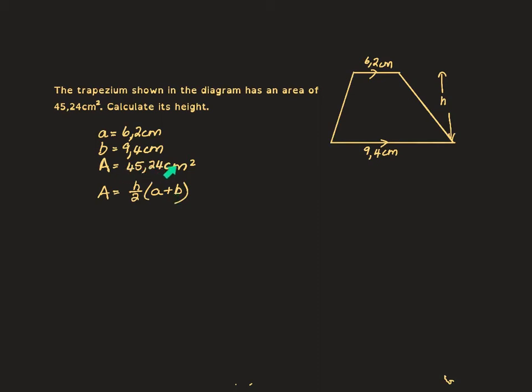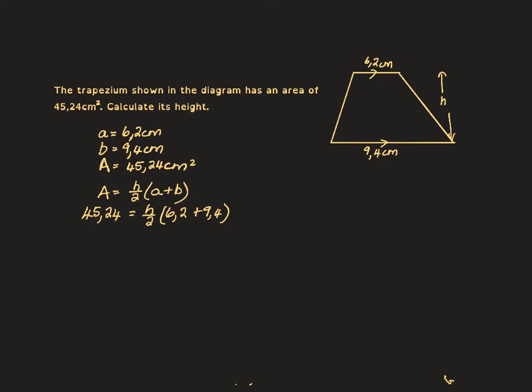Our area is 45,24, so we're going to substitute area with 45,24. 45,24 is equal to h, which we're trying to find, so it's h over 2, a is 6,2 and b is 9,4.